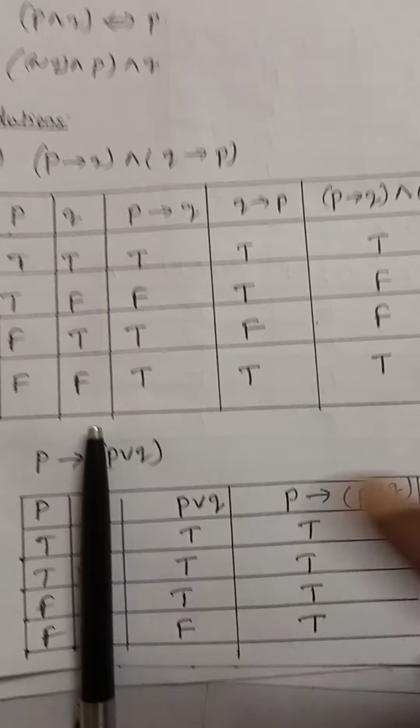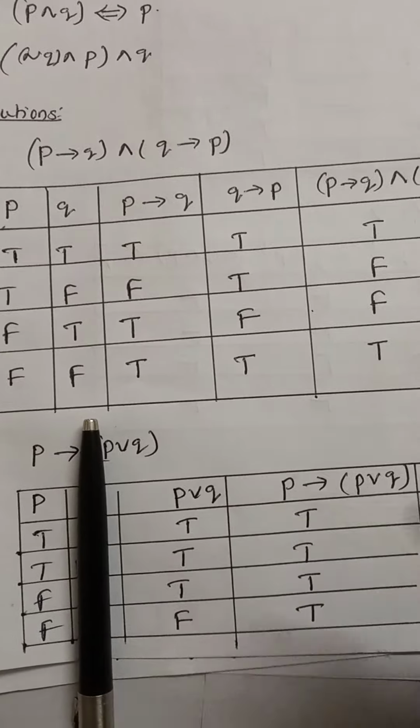That is called implication: P → (P ∨ Q). Implication means the first one true implies true is true. Look at P and then P ∨ Q: true implies true is true, false implies true is true, false implies false is true.